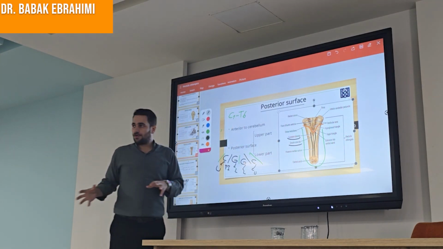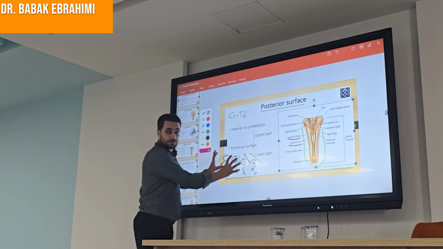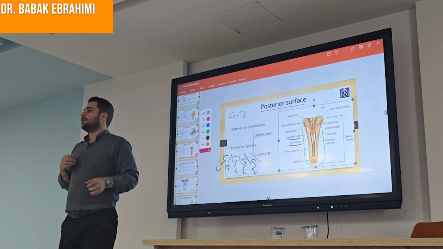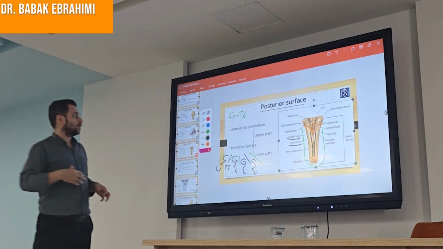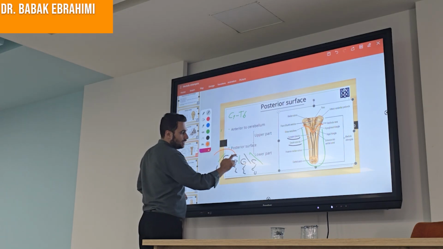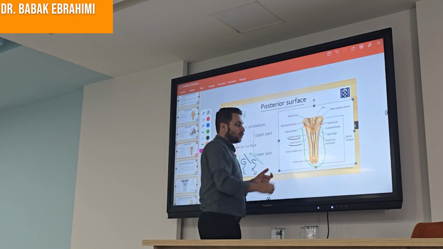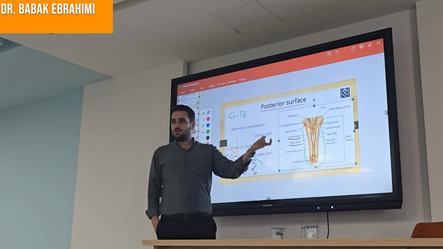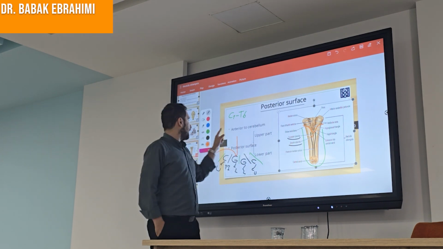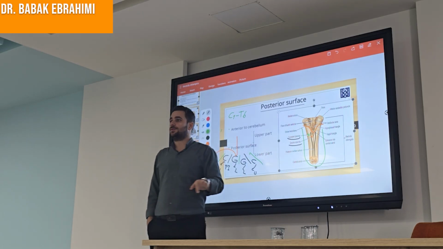Because the sensory information of the upper limb and lower limb comes to the spinal cord. Do you remember in the tracts I told you about fasciculus gracilis and fasciculus cuneatus? The information comes to the spinal cord, then goes upward. I told you it comes to the medulla oblongata. So the fasciculus gracilis comes to the gracile tubercle here, and the cuneatus comes to this part, the cuneate tubercle.